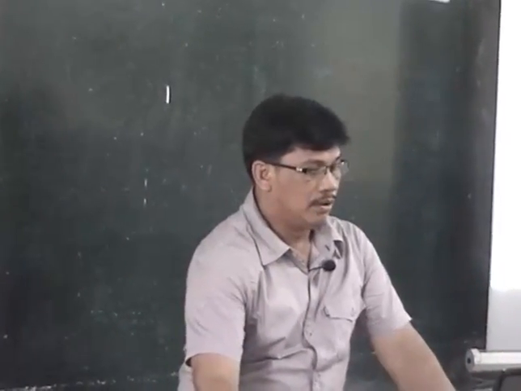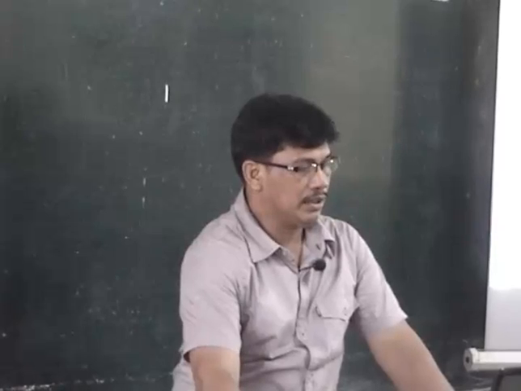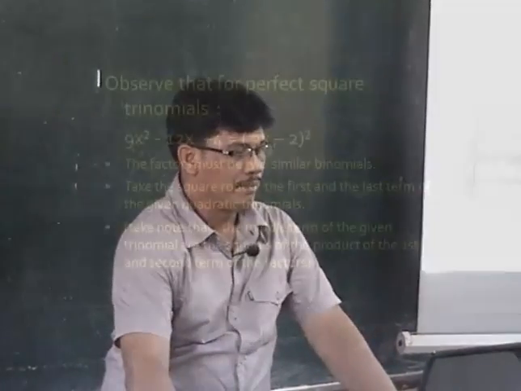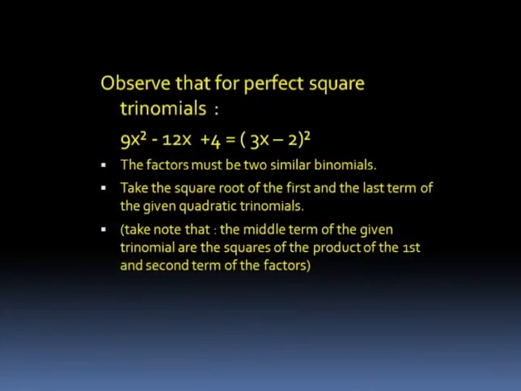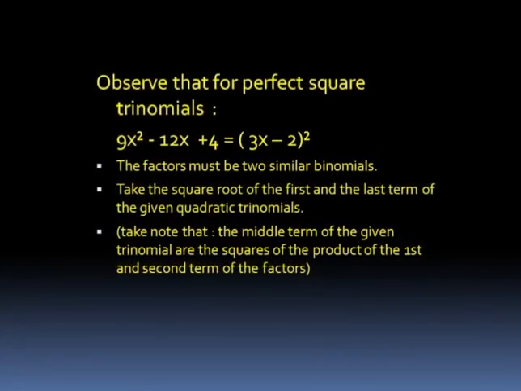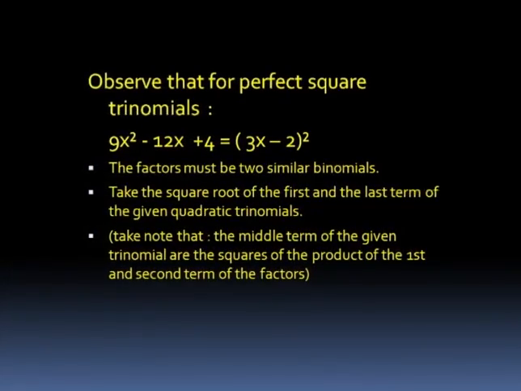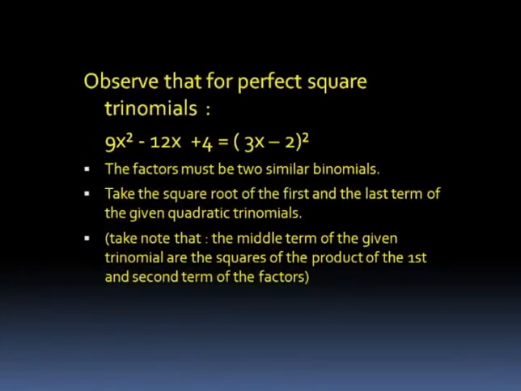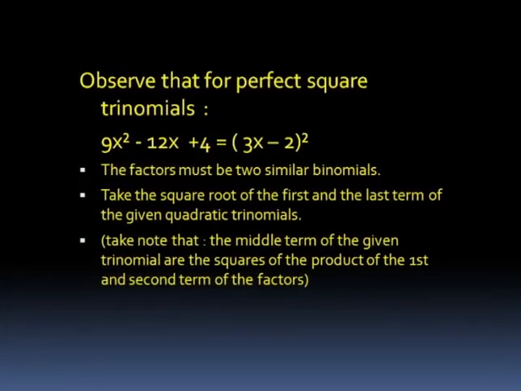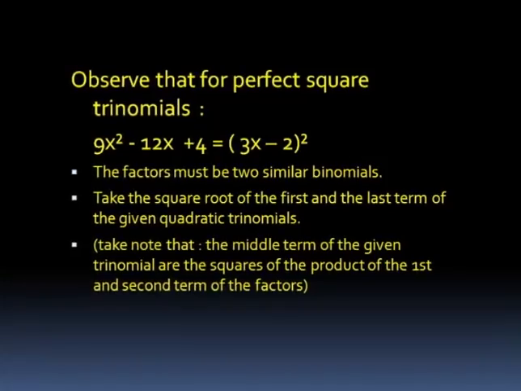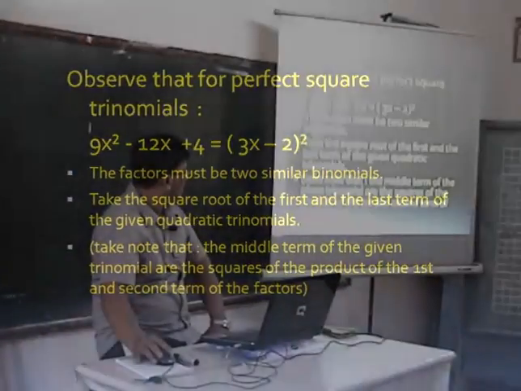So, let us now recap all the things that we factor. These are now your generalization, or the things to remember. For perfect square trinomials, how are you going to factor it out? The factors must be two similar binomials.